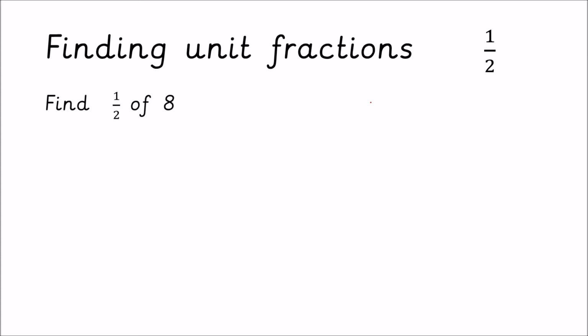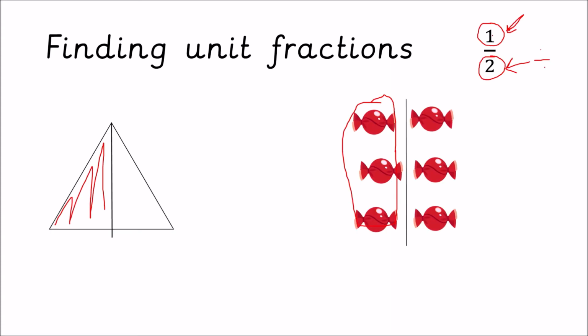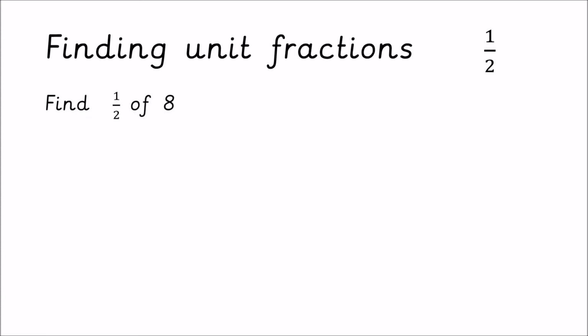Well, you find it exactly the same way as you find a half of a triangle or a half of 6 sweets. You're going to split it into 2 equal groups. So let's put one group on this side and one group on this side. 1, 2, 3, 4, 5, 6, 7, 8.